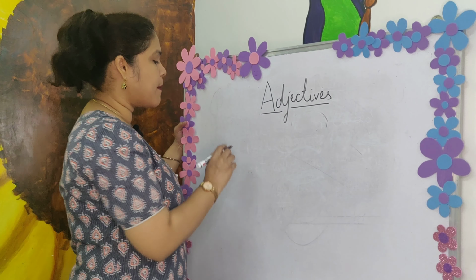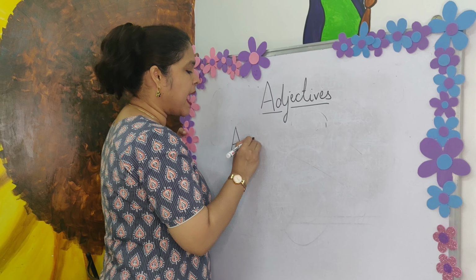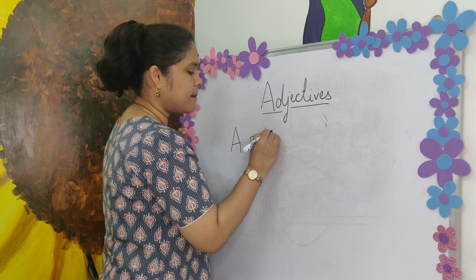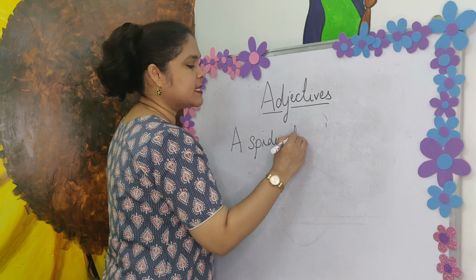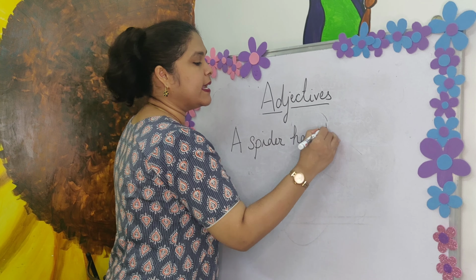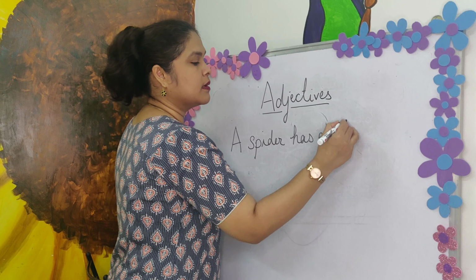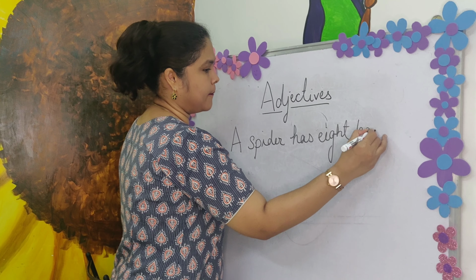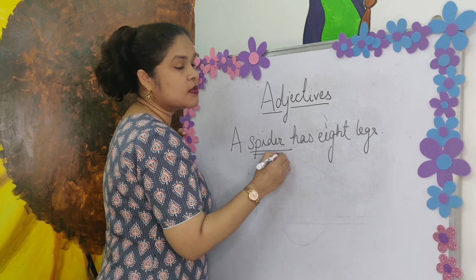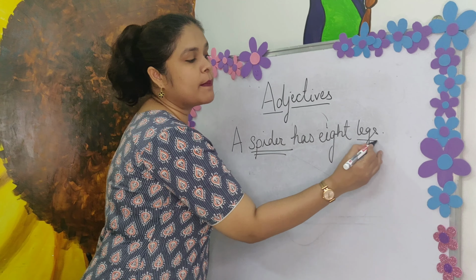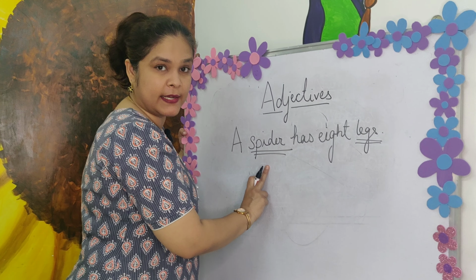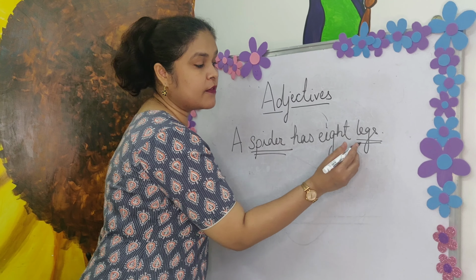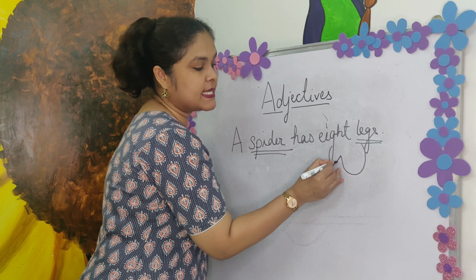Let's take another example. A spider has 8 legs. We are talking about spider. Spider is the noun. We are talking about a body part of a spider. How many legs? It's 8.